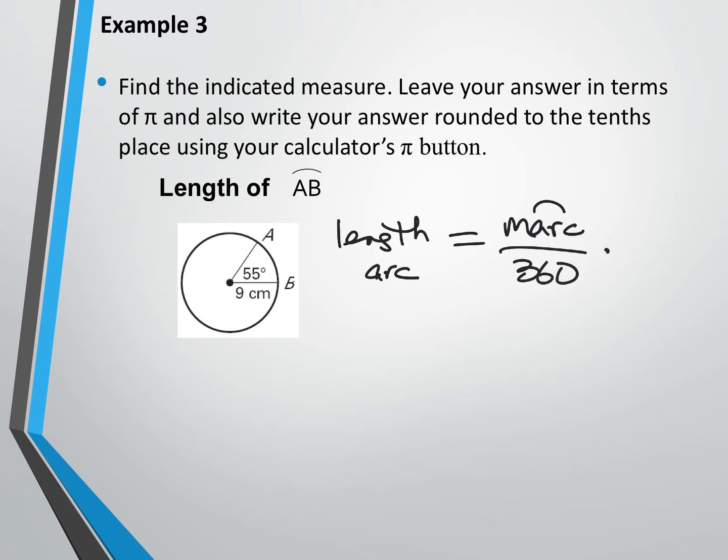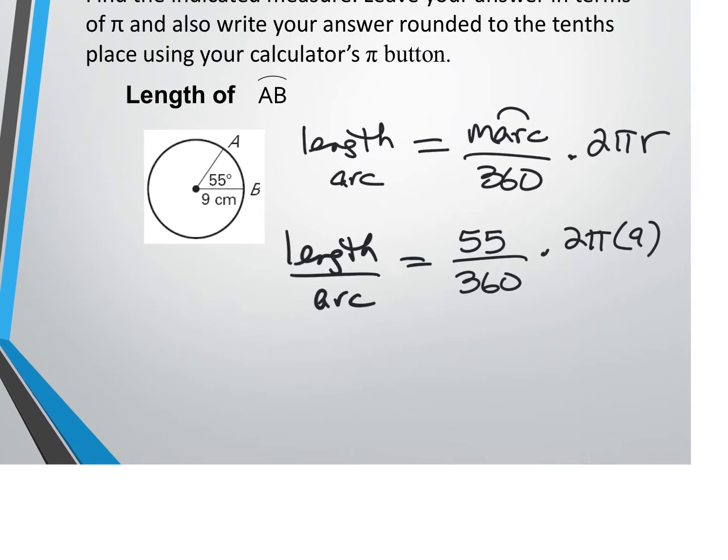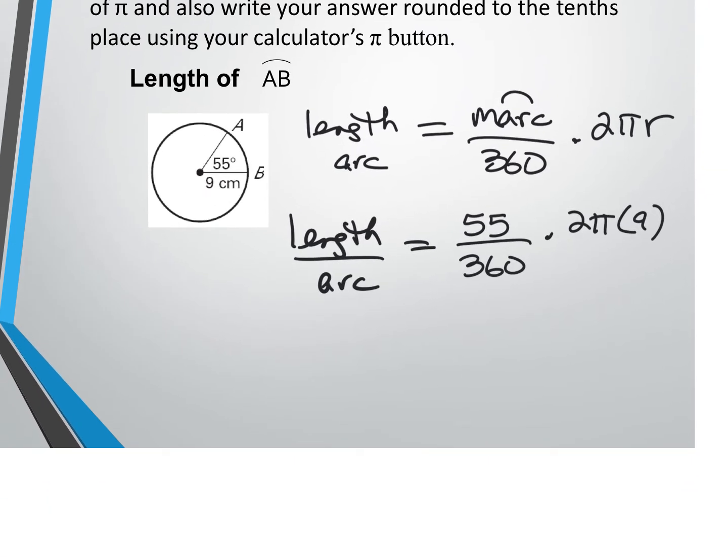And because they gave me a radius, I'm going to put the 2 pi r here. I'm solving for the length. I'm going to put the measure of the arc, which is 55. And then I put in the radius. It's a 9. And now I can start simplifying things.